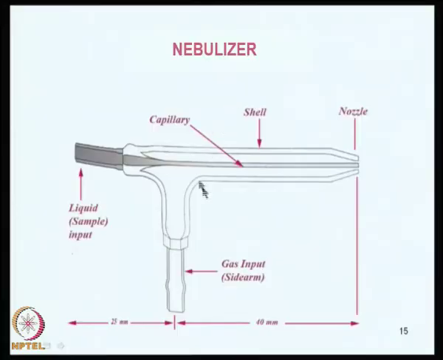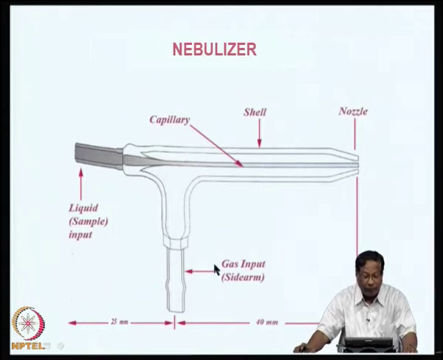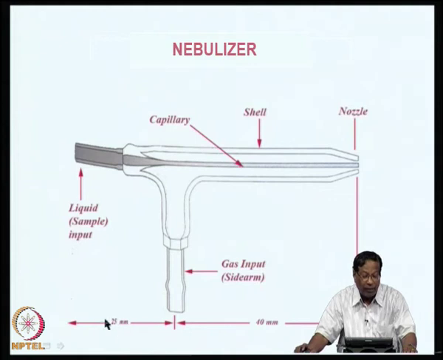So, you can see that this is a plasma torch. What you are seeing here, the liquid sample input is there, there is a capillary, there is a shell, and the sample gas input is through this, and the sample comes here, and then through a nozzle it goes out into the plasma range. Typical distances in a plasma torch are about 25 mm on this side, about 40 mm on this side. This is a side arm.